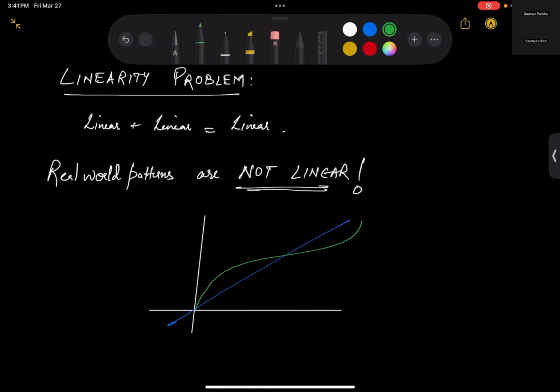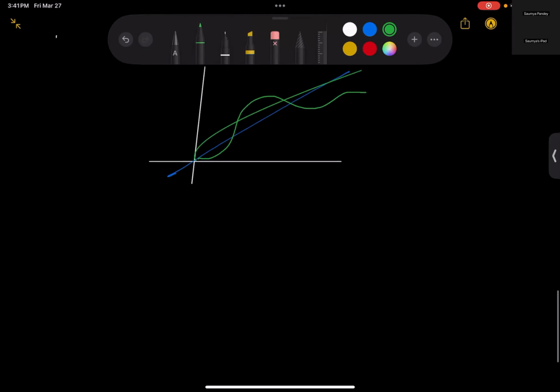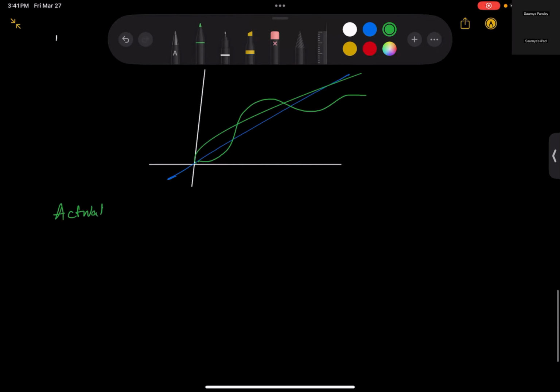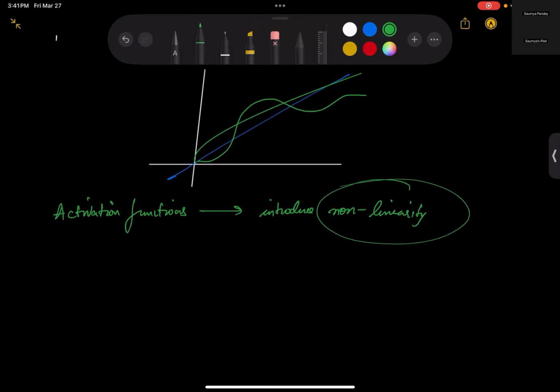It can be curved like this or like this or some function, right? And activation functions help us here. They introduce non-linearity. And this allows neural networks to model complex relationships.